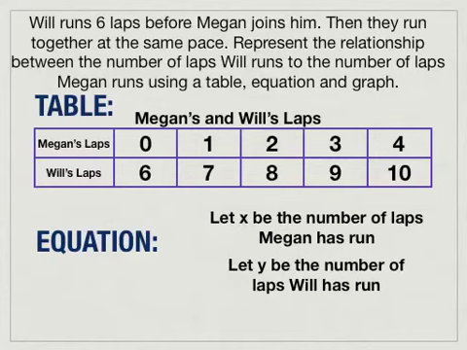When I write an equation, it's generally y equals, and then you're performing some operation on x. So I'm going to say that y equals x plus 6. What that says is that Will's laps equal the number of laps Megan has run plus 6.